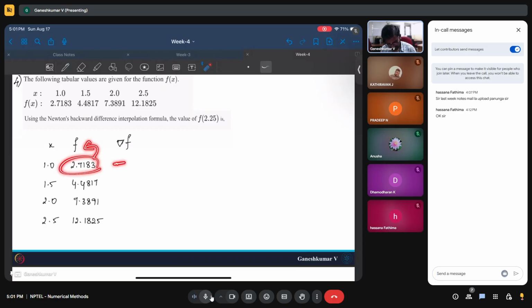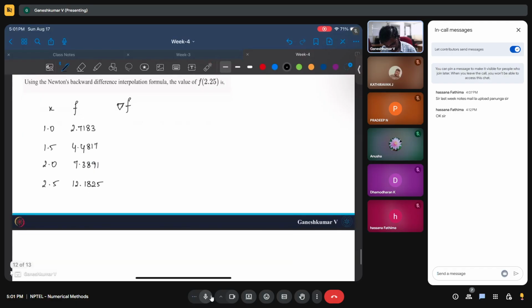As I said, the first entry does not have a preceding value, so this will be empty. So from here you will start. 4.4817 minus 2.7183. How much is this? 1.7634. 7.3891 minus 4.4817 is 2.9074. 12.1825 minus 7.3891 is 4.7934.